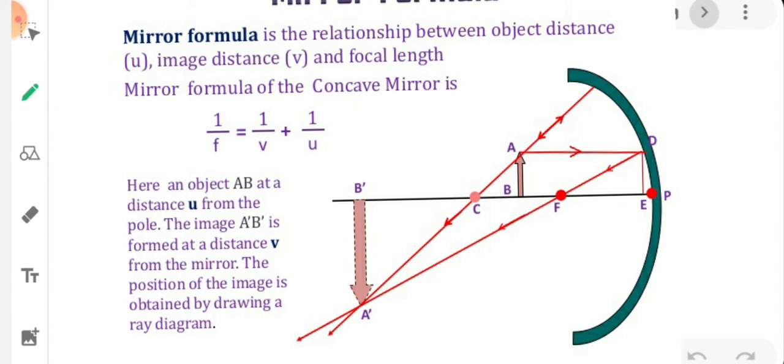And why is this mirror formula used? This mirror formula is used to find, what do we have to find in this, we have to find out the object distance.